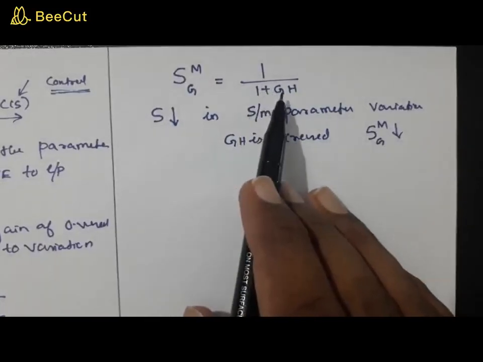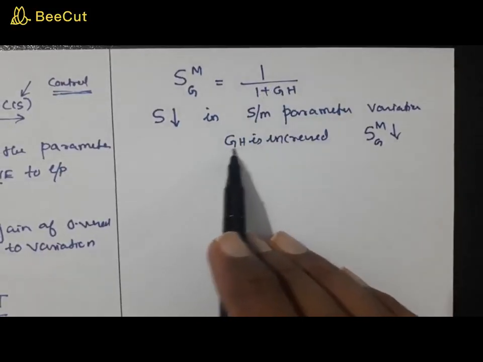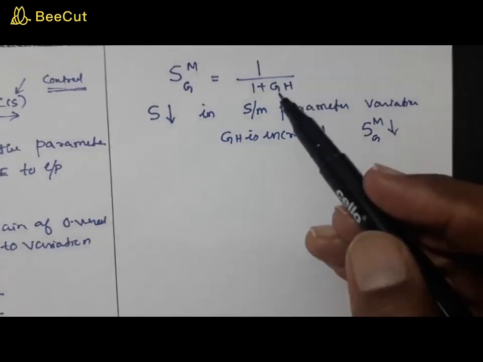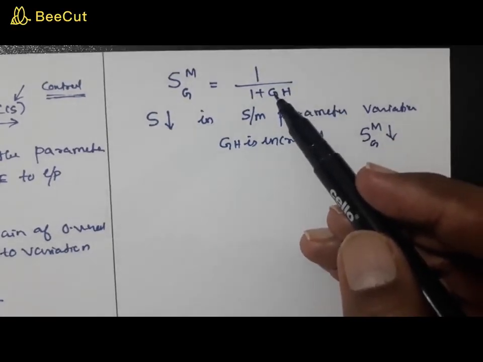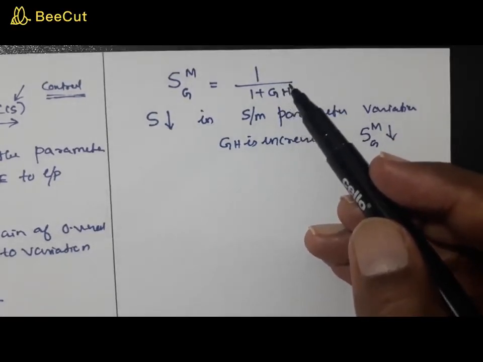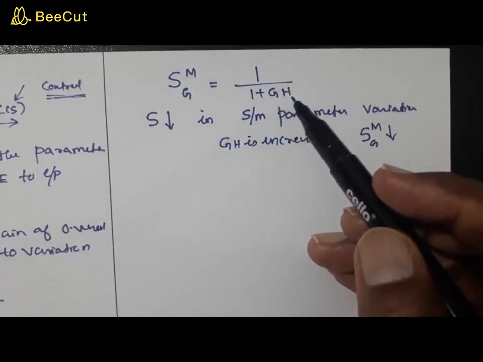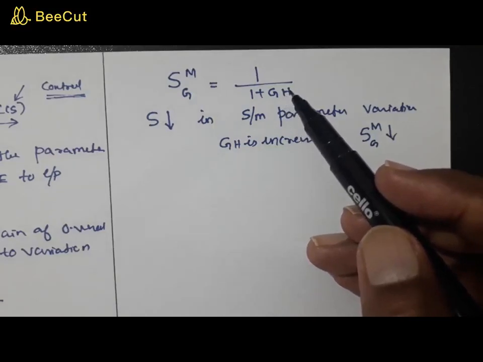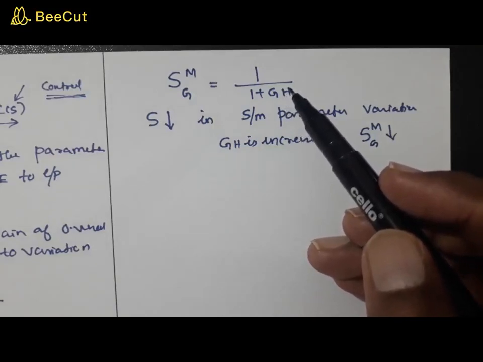Now, how can you ensure GH is increased? Even if there is a slight gain increase, what happens to this? GH increases, right?